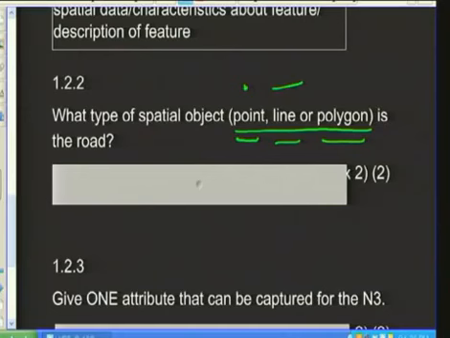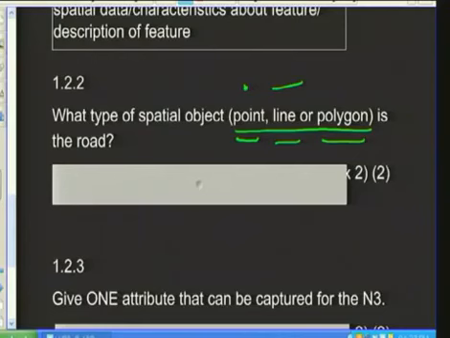A line, like one that you've just drawn, is a linear feature, a feature that extends in a particular direction, like a road or a river. And a polygon is a closed geometric shape. Any closed geometric shape that would be used for drawing things like fields, buildings, lakes and dams, anything like that. So those are our 3 kinds of features.